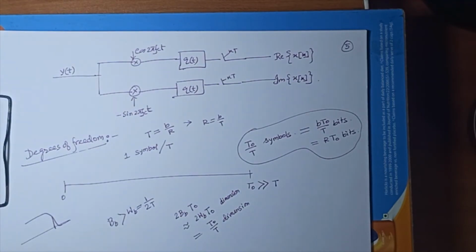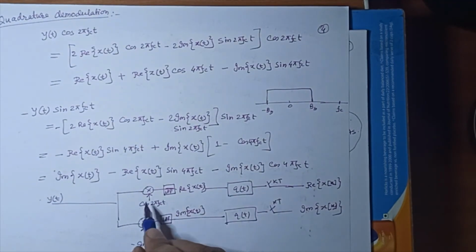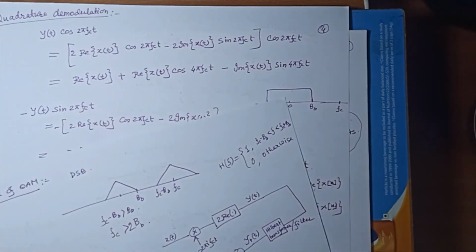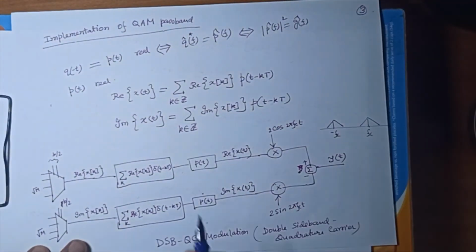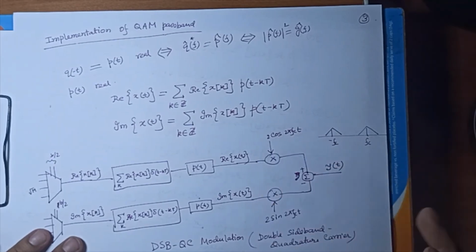Now one thing is implicit in this entire process of modulation and demodulation, especially demodulation, which I did not talk much about. How do you know what is cos 2 pi fct? Because on the modulator side, the transmitter side, I used 2 pi fct.